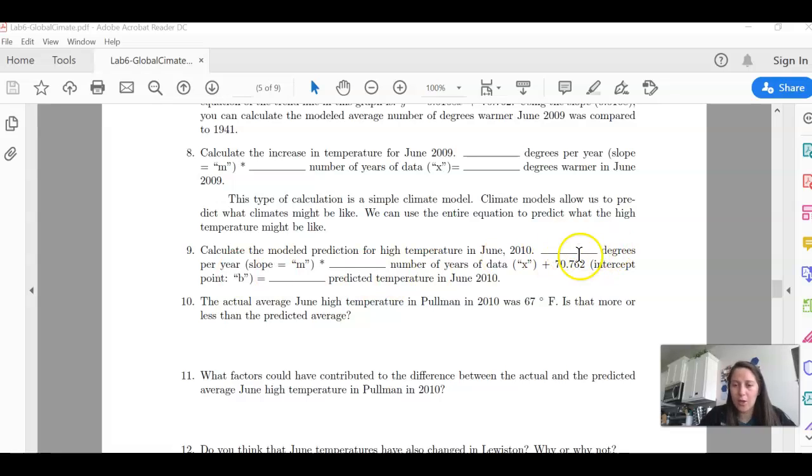You input the slope again, times the number of years of data. In this case, 2010, not 2009, so this is going to be slightly different. Then you add the b number, the y-intercept, to that, and you'll have a predicted temperature based on the previous data.